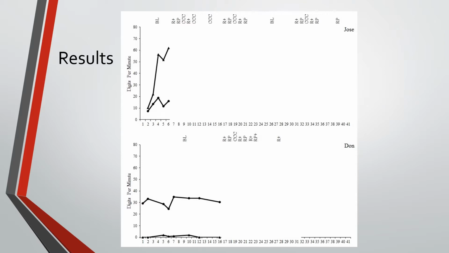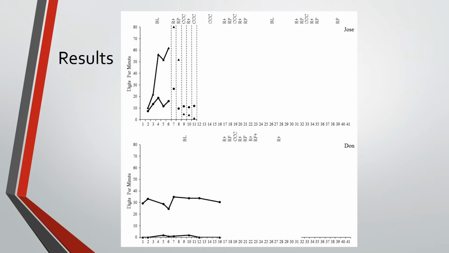And so after conducting a brief experimental analysis with him, we see that the contingent reward condition, that R plus, really, with no modeling, isn't going to make him any more accurate. It's just going to make him work faster if he's motivated to get his reward. So we see an increase in digits correct and an increase in digits incorrect per minute.